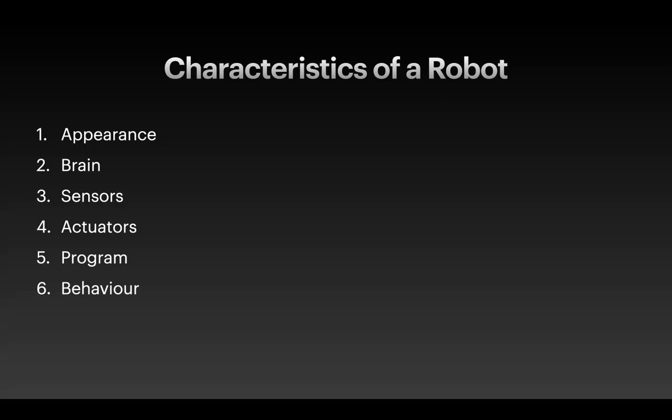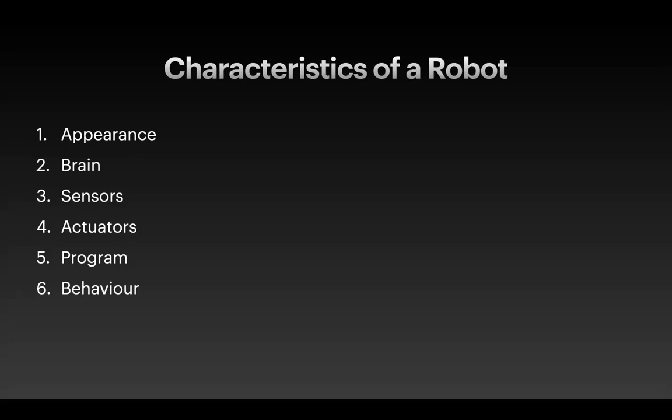So even robots have actuators. There are robots which have wheels. So from rotating the wheel, the robot is moving. And then some robots have legs, and some robots have wings, and some robots have these hydraulic actuators.